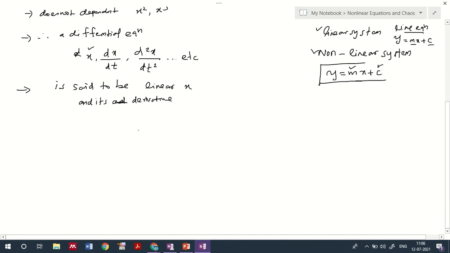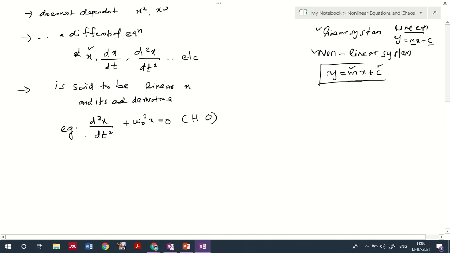Now how do I say it's a linear dependency? For a harmonic oscillator, we represent the equation of motion as d square x by dt square plus omega 0 square x equal to 0. This is the equation of motion for a harmonic oscillator.